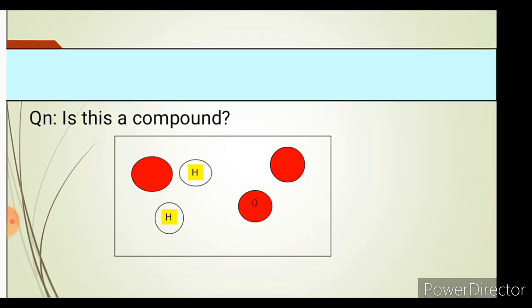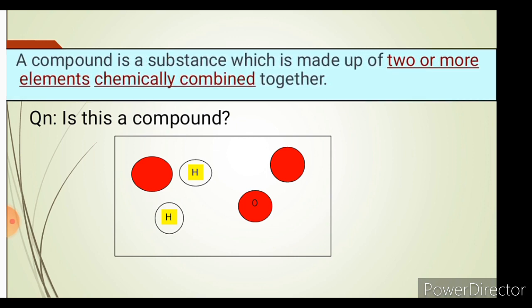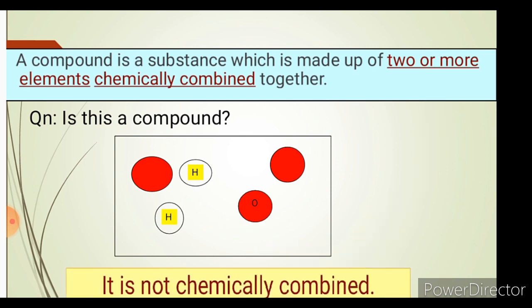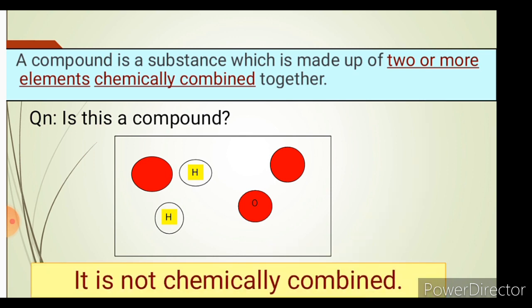Is this a compound? Once again, a compound is a substance which is made up of two or more elements chemically combined together. This is not chemically combined, so therefore, it is not a compound. Rather, it is a mixture.